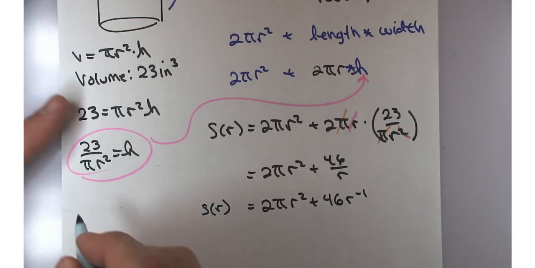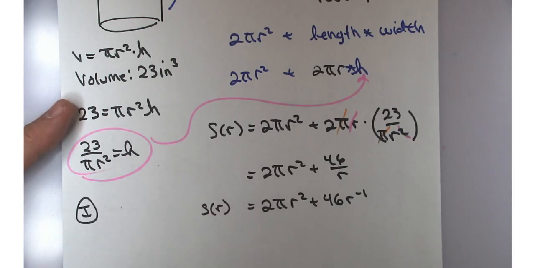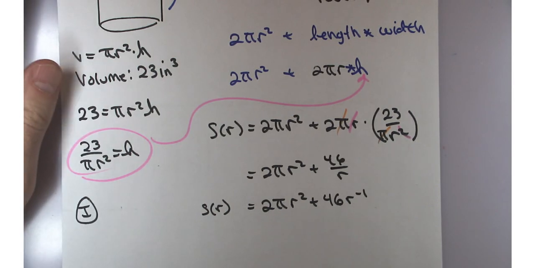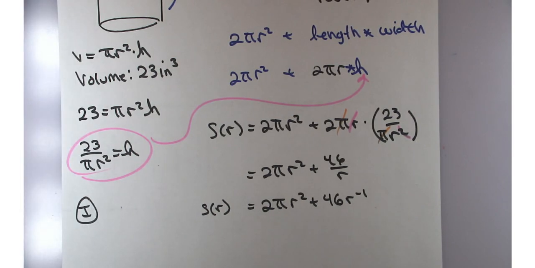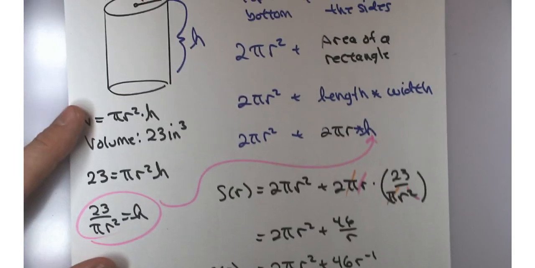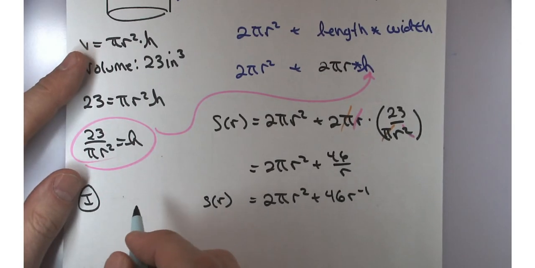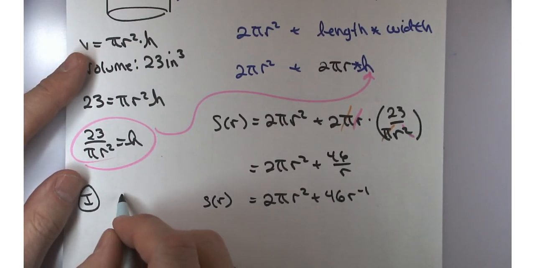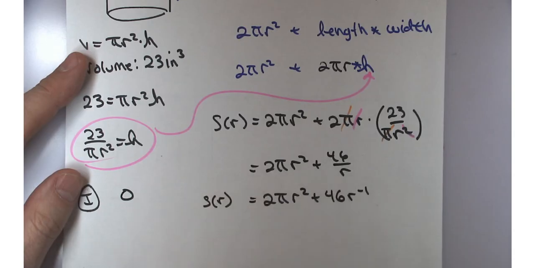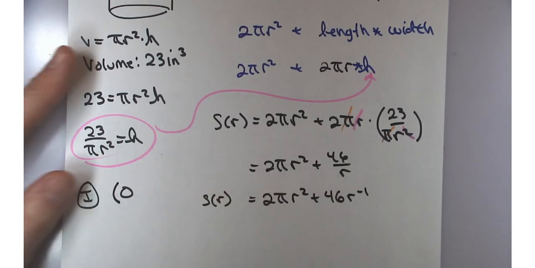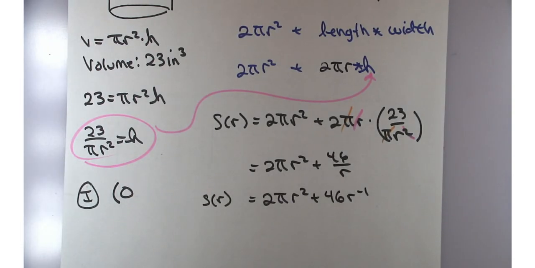Let's not forget the interval. r is your radius. What's the smallest that I could use for my radius? What's the smallest that would actually make sense? 0.1. How about 0 with a parenthesis? What's the parenthesis mean? It can't be 0. It has to be something even marginally bigger than 0.